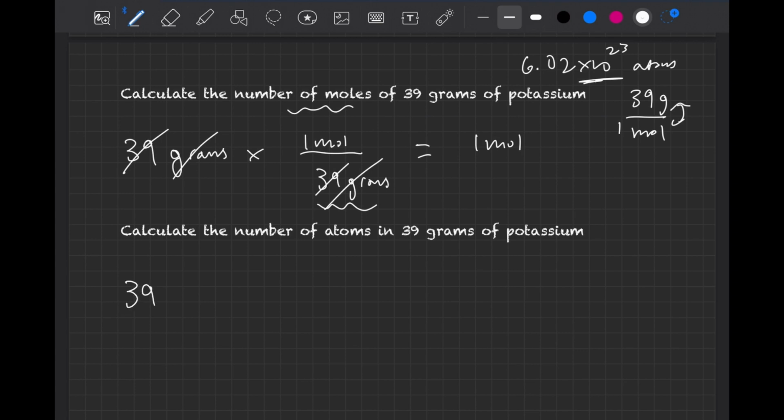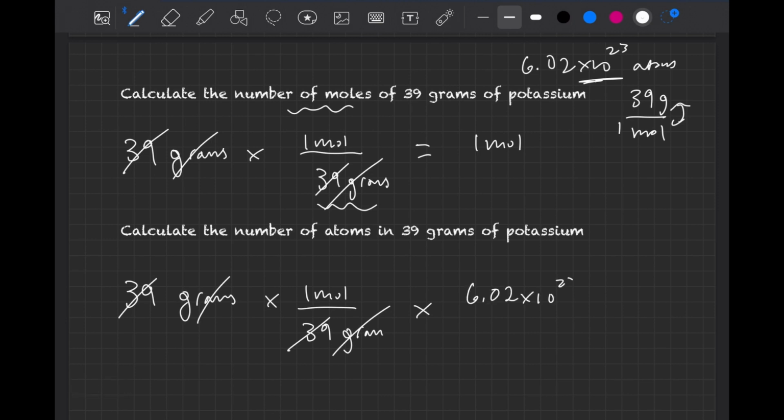at 39 grams potassium, multiply by 1 mole on the top, and then 39 grams per mole. So it's a conversion factor, so that way the grams have now canceled and we're at moles, and we multiply by the fact that there are 6.02 times 10 to the 23 atoms in 1 mole.